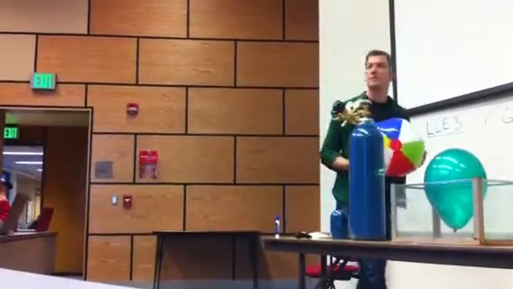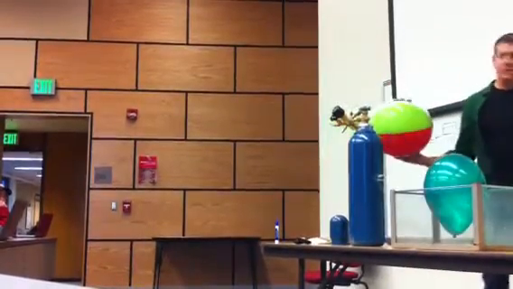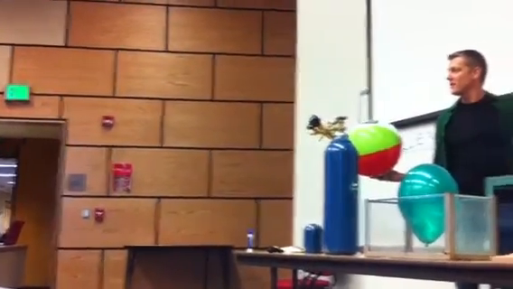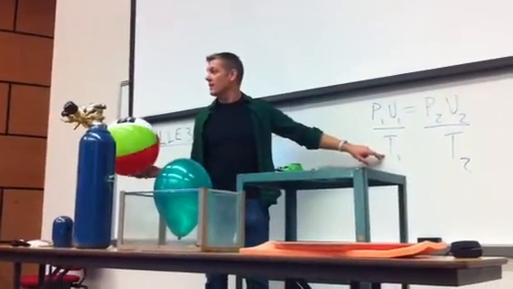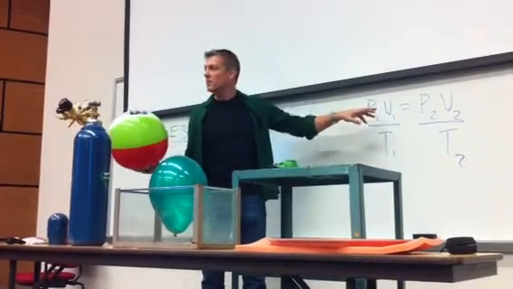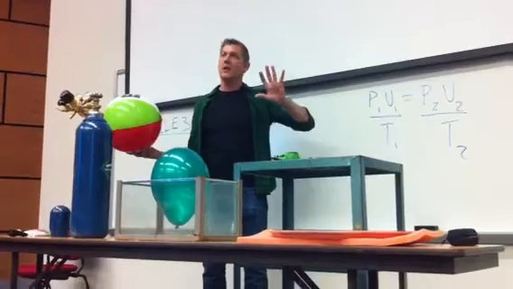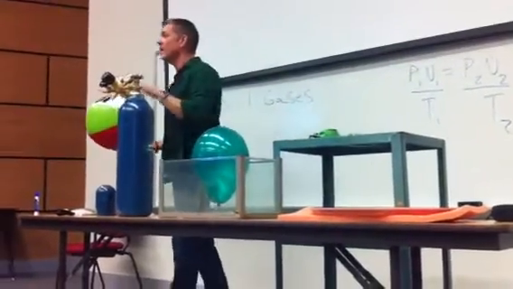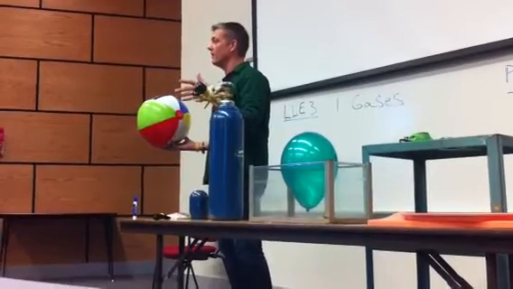We heat up the air that we fill the balloon with. Now, remember, temperature is directly proportional to pressure and volume, right? Or how do I say this? As we increase the temperature, we increase either the pressure or the volume, or both, right?